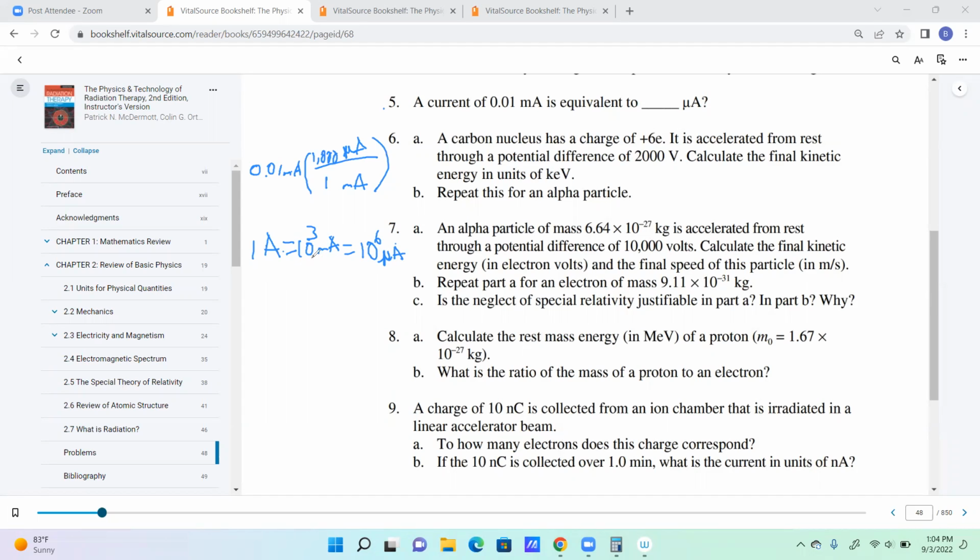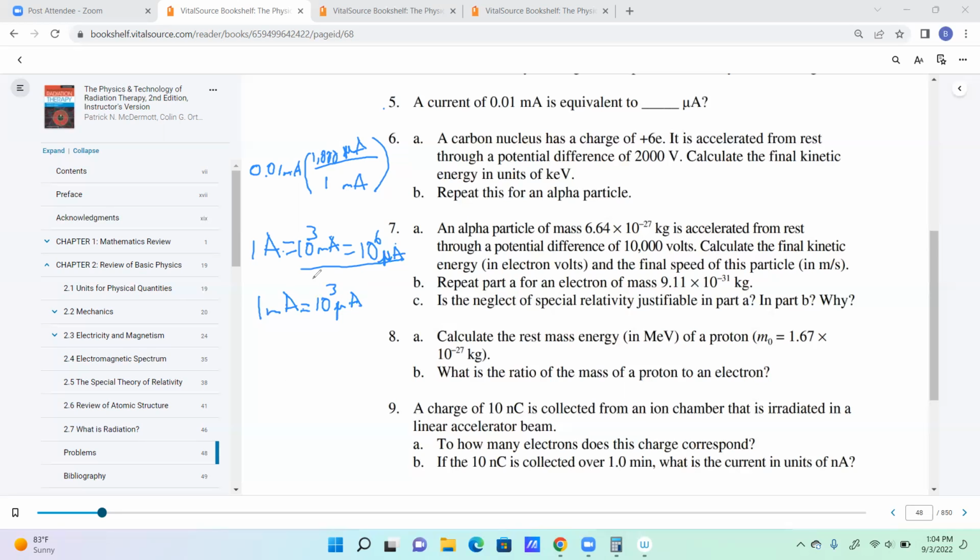So if we were to take just this portion of it and divide both sides by 10 to the third, we would end up with 1 milliamp is equal to 10 to the third microamps. And that is the same conversion that we've got going on up here.